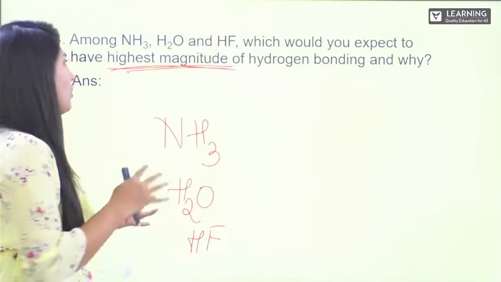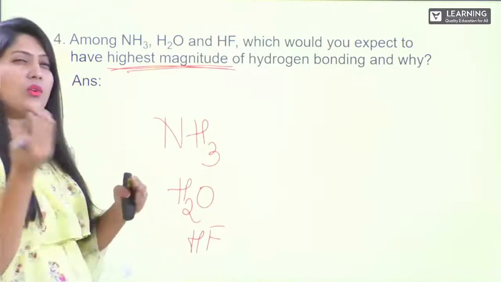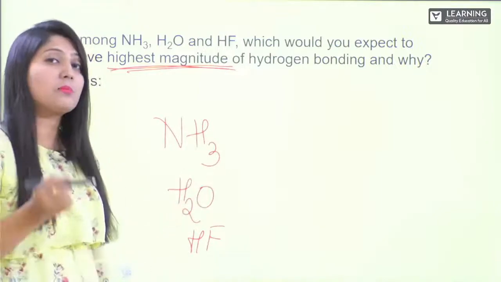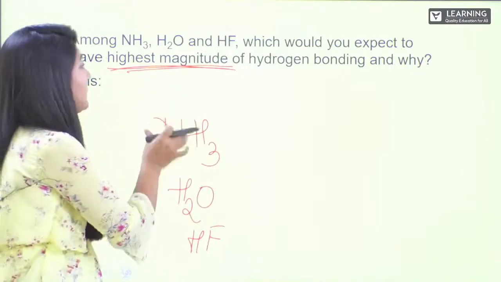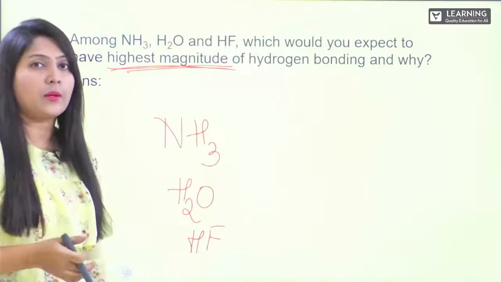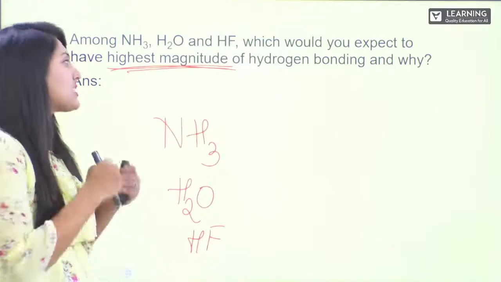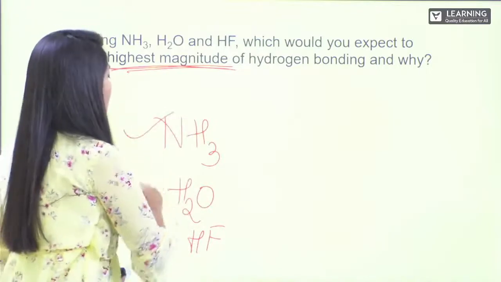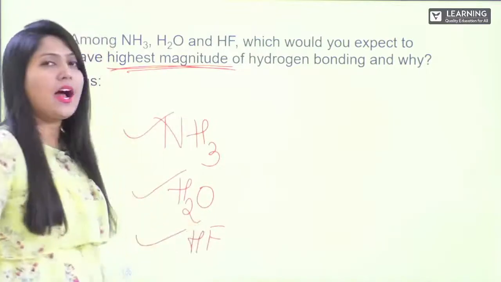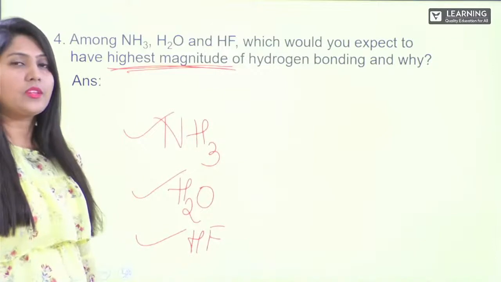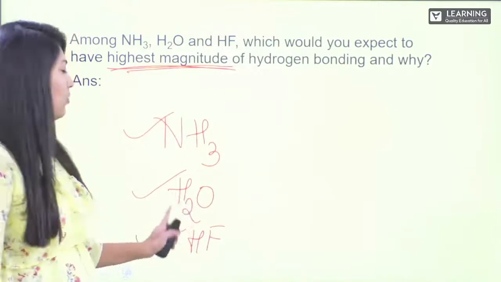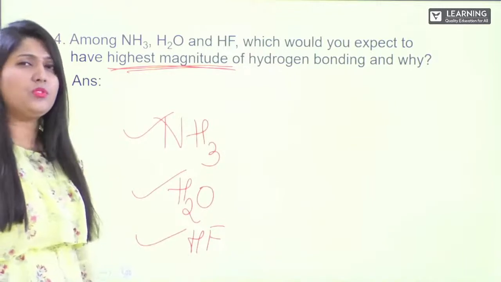If they ask which has more hydrogen bonds, then you can think about the hydrogens present in the molecules. But they are asking the magnitude of hydrogen bonding. Magnitude means which is the strongest hydrogen bond among ammonia, water and hydrogen fluoride. Can you guess this?